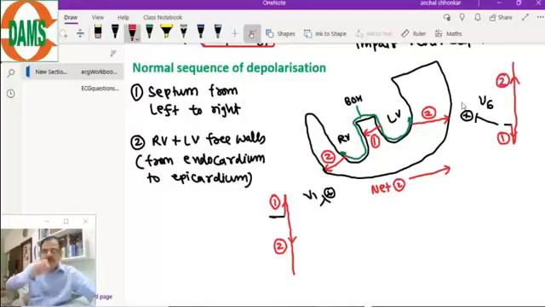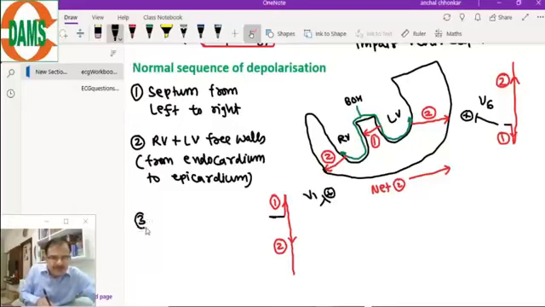Now the number 3rd event. Number 3rd event is posterior wall depolarization from endo to epicardium.